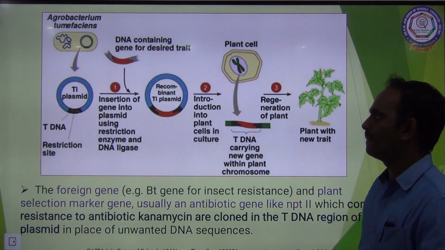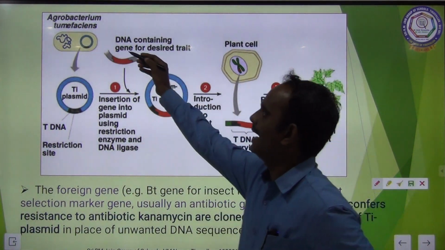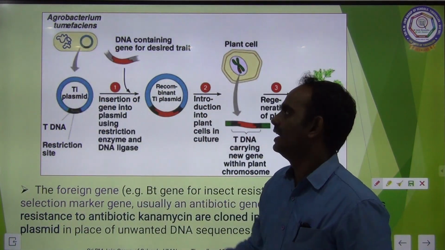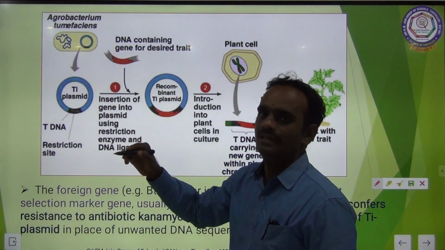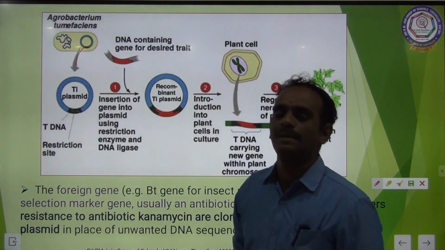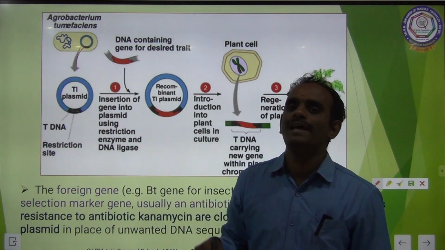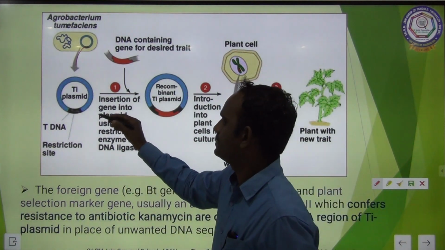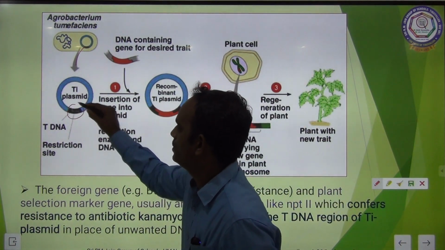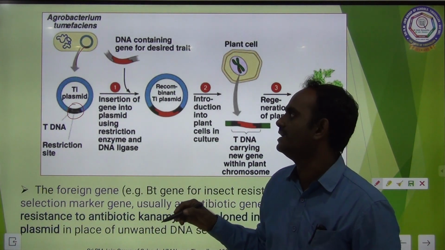See the picture, children. This is Agrobacterium tumefaciens, a soil bacterium. In that bacterium, isolate the plasmid. What type of plasmid? Ti plasmid, tumor inducing plasmid. It has a small segment called T-DNA, transfer DNA.